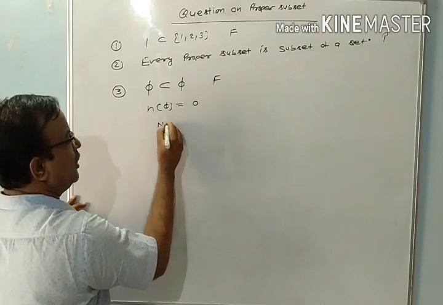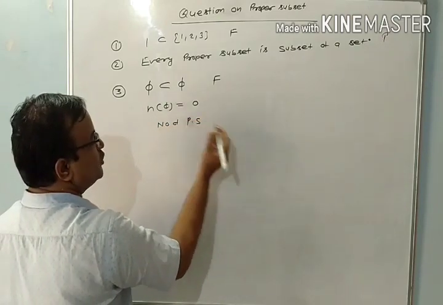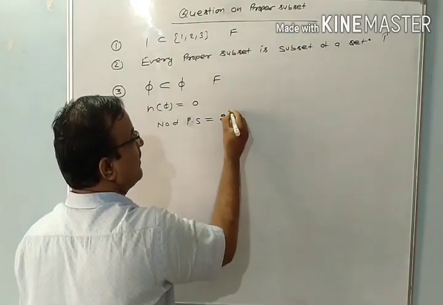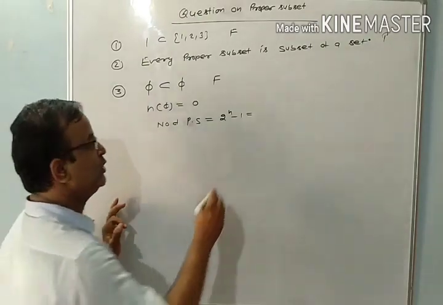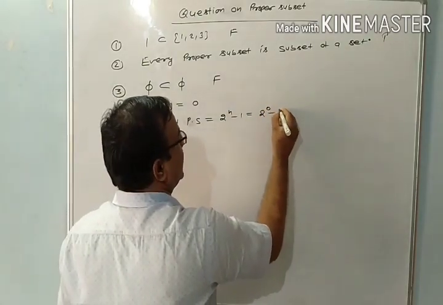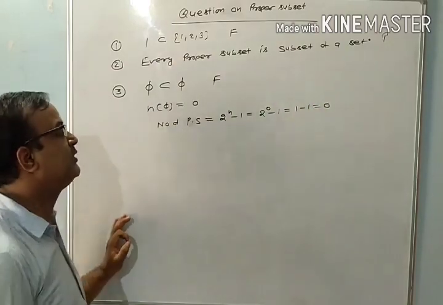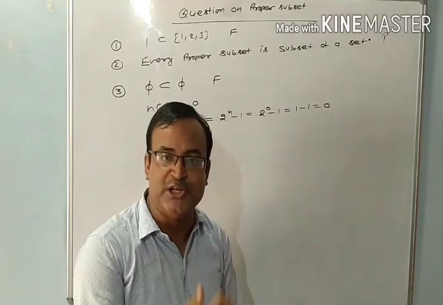So when we find the total number of proper subsets, in short PS, the formula is 2 to the power n minus 1, which I have just proved. So 2 to the power 0 minus 1 is 1 minus 1, which is 0. That means if someone asks how many proper subsets an empty set has, you will say 0.